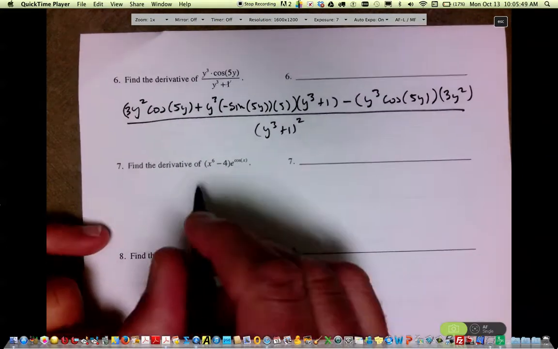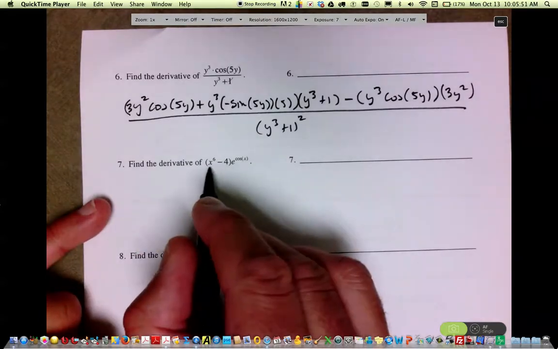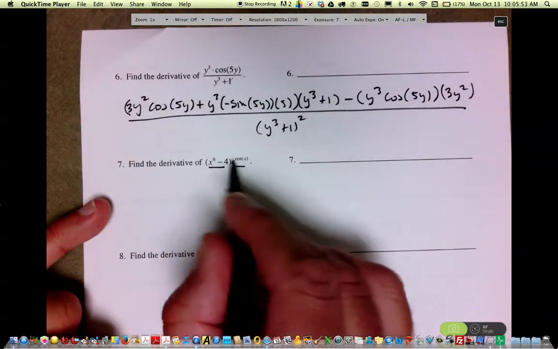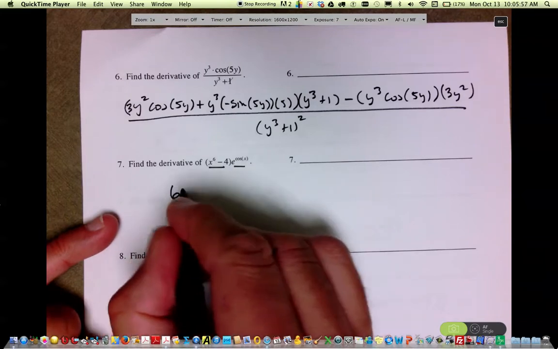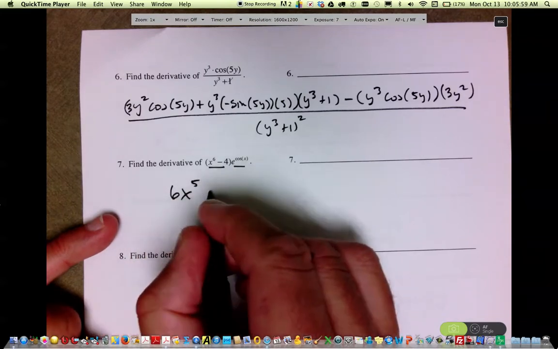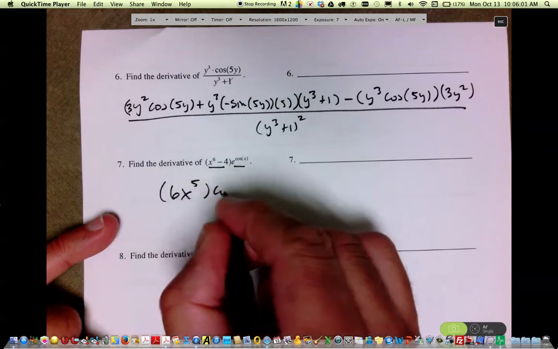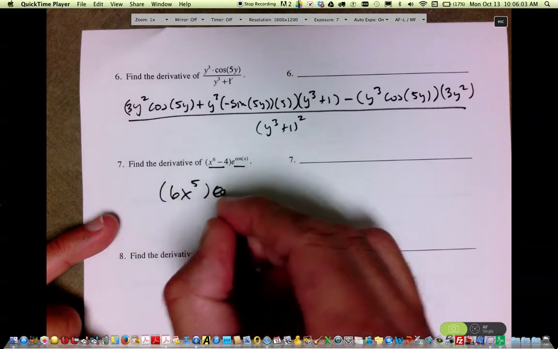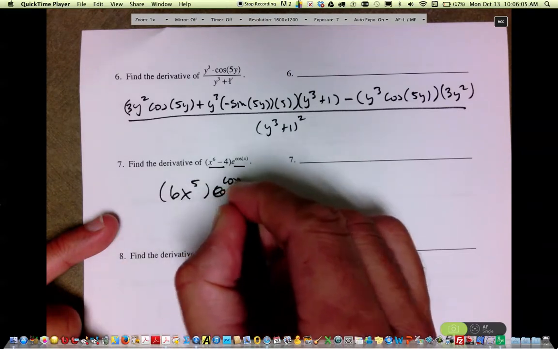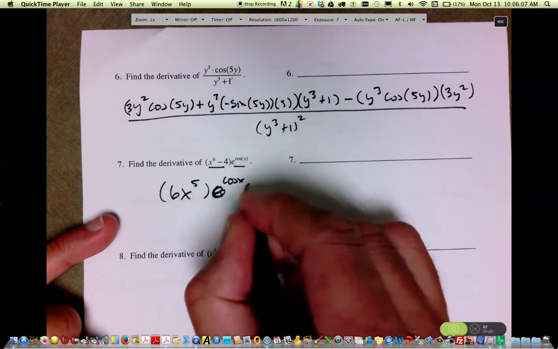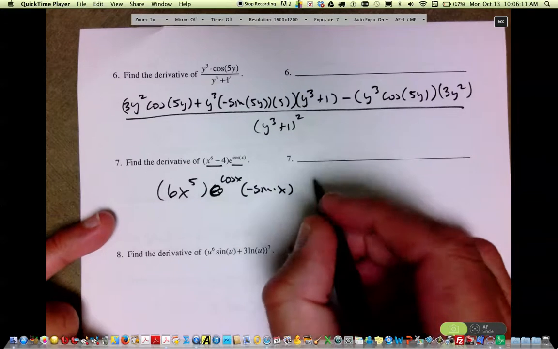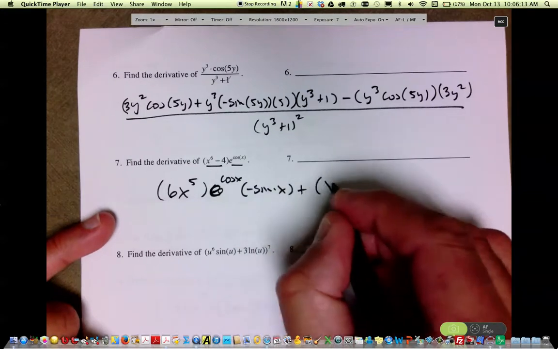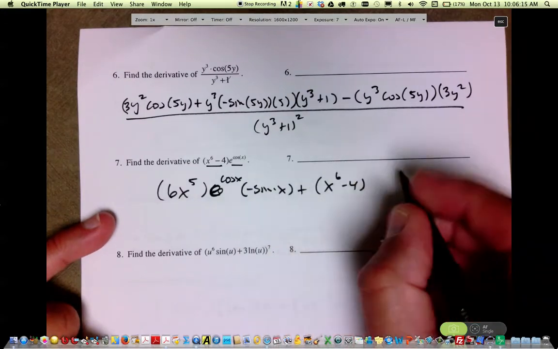Okay, the next one, the derivative of this is fairly straightforward. There's a little bit of chain rule here, but we're going to take the derivative of the first, which is 6x to the fifth, times the second function e to the cosine of x, and then plus the first function x to the sixth minus 4.